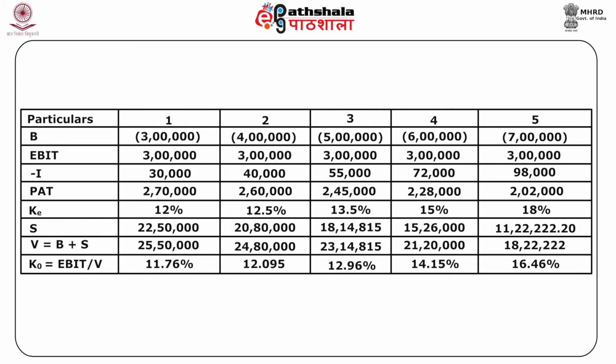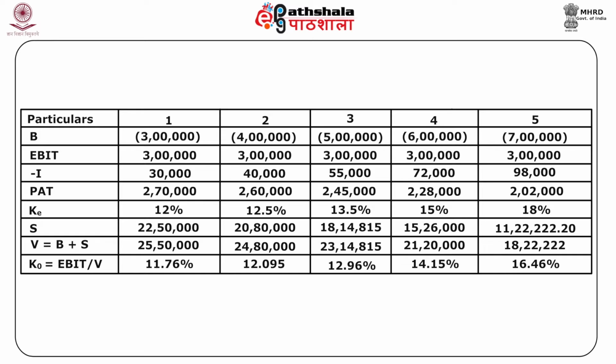KE goes up from 12 to 12.5, 13.5, 15 and 18. The value of the equity shareholder of the firm, you see, is going down from 22,50,000 to 20,80,000 to 18,14,000, 15,26,000 and like that.